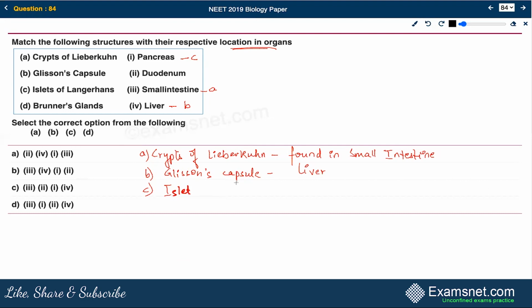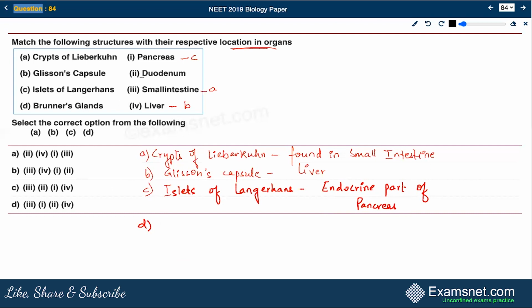And islets of Langerhans is further made of alpha and beta cells. So this is basically the endocrine part of the pancreas.